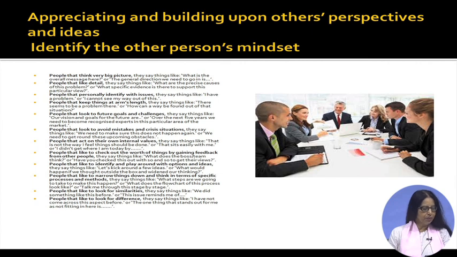So, there are also people that like to look for similarities. Then there is a last group of people who like to look for difference.